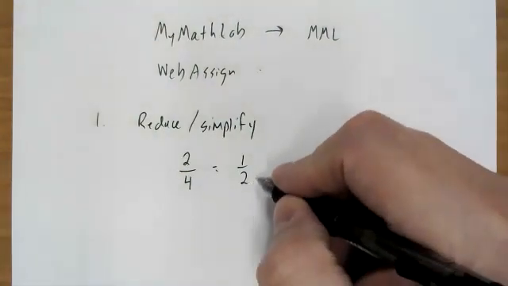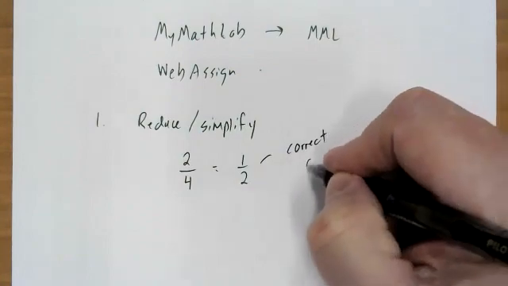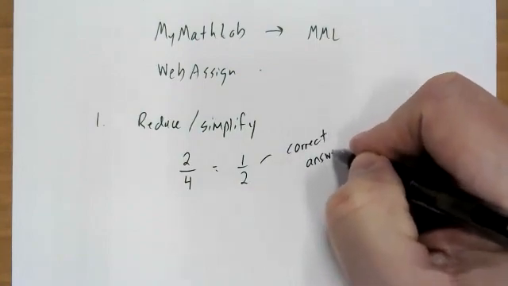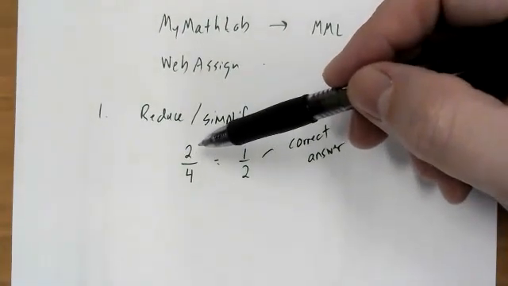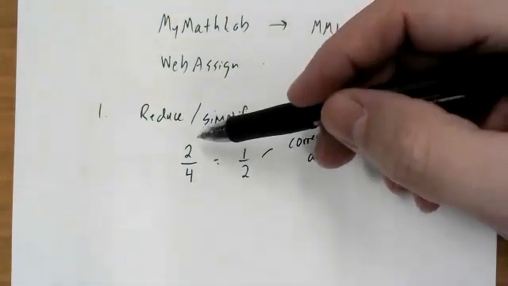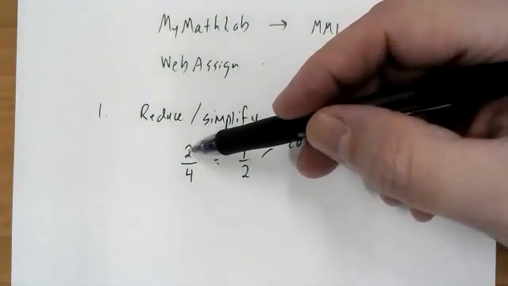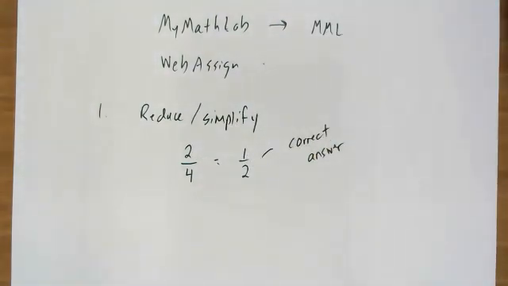Now, sometimes maybe your teacher or maybe you thought like this is the correct answer. But you know what? 2/4 is not incorrect. It's just not in the form that they want the answer to be.